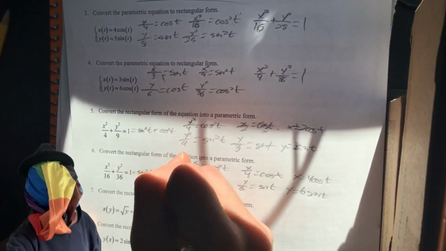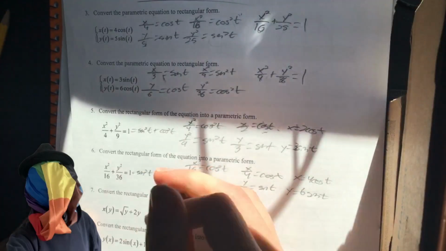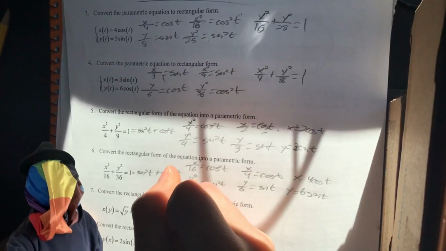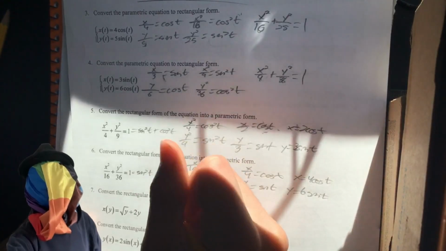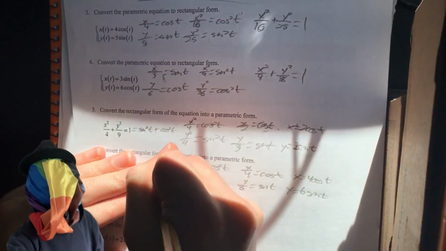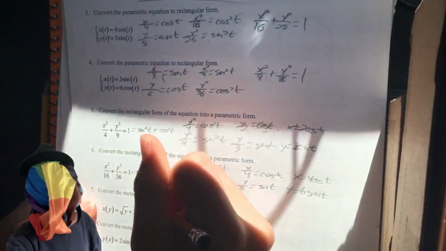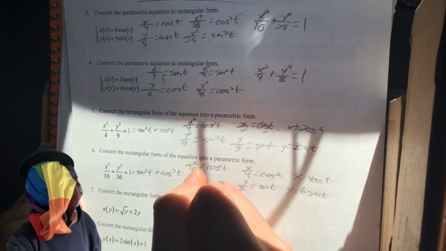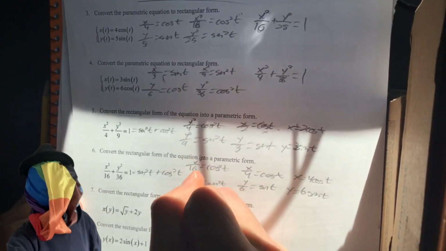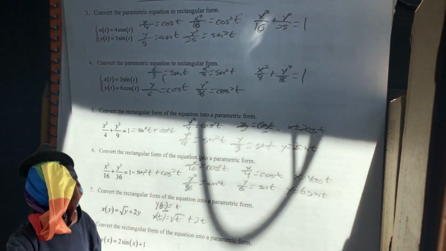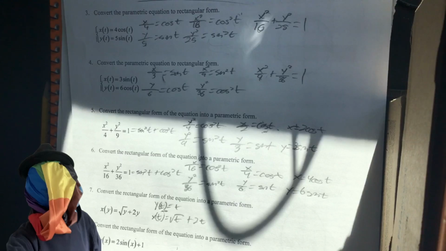You could just say y equals t. And so x of t equals, you just say y of t equals t, and then x of t equals the square root of t. That works.